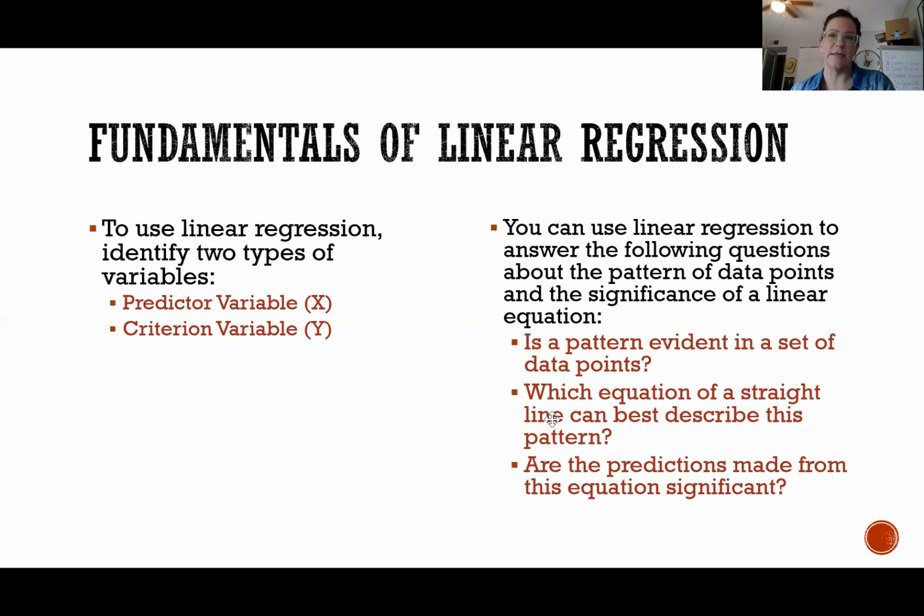We're going to use linear regression with this pattern of data points. If it's a significant relationship, we can start looking to see whether there's enough of a pattern to use it for prediction, what equation is best for the straight line that describes that pattern of data, and if the predictions are significant with the prediction equation.